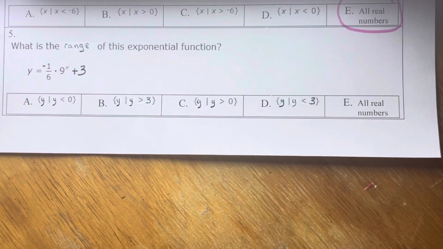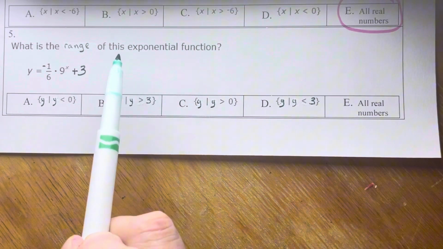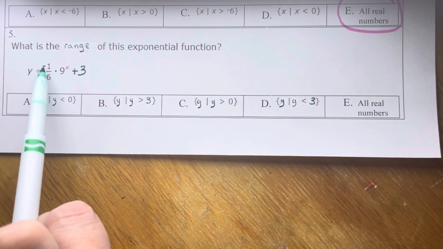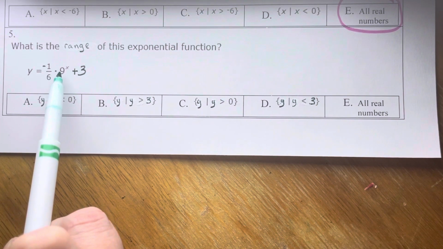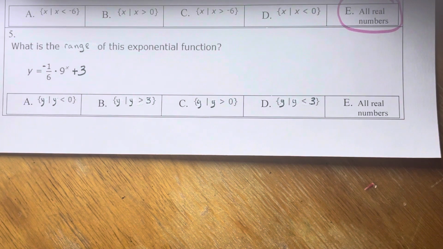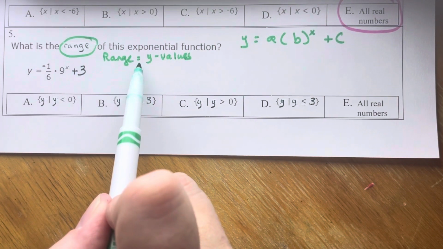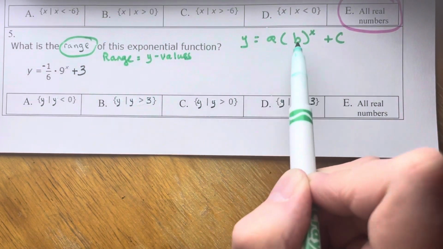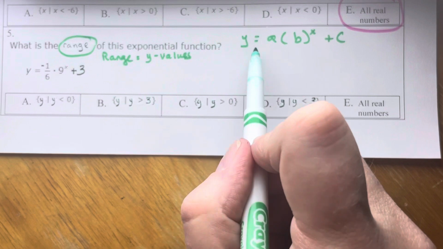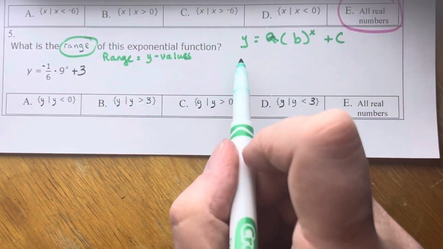In our fifth and final example, we are asked to find the range of the given exponential function, where y is equal to negative 1/6 times 9 to the x power plus 3. There's a lot going on in this function, so let's explore it carefully. So we know that the range is asking for the y values, and we're going to again look at our parent function where y equals a times b to the x power plus c.